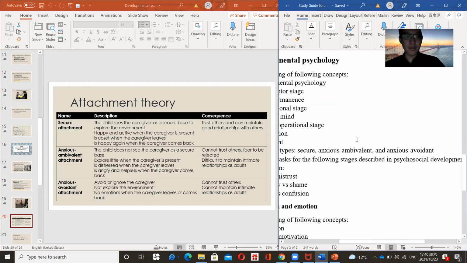So in anxious avoidant attachment, the child avoids or ignores the caregiver totally because the caregiver is just like a stranger that cannot provide a source of security to the child. So totally avoid the caregiver. Avoid the caregiver like a stranger.